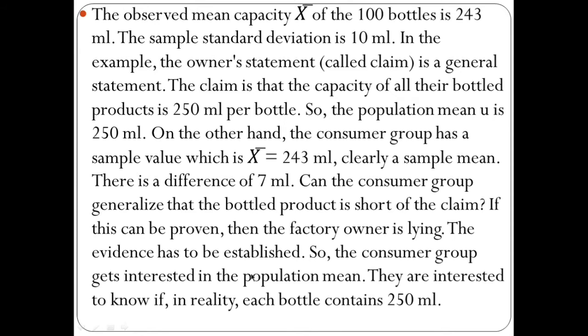Once napatunayan na yung factory owner is lying, doon na natin gagamitin yung alternative hypothesis. So the consumer group gets interested in the population mean. They are interested to know if in reality each bottle contains 250 ml.